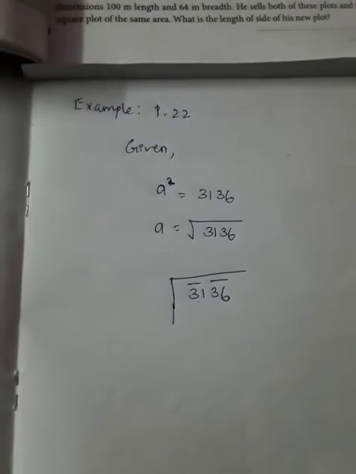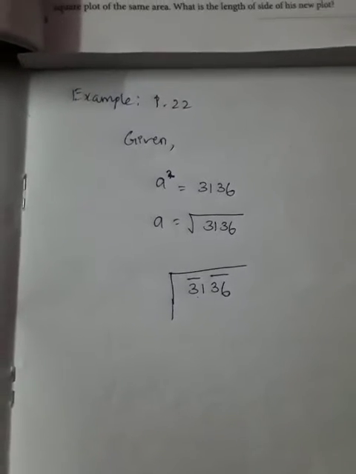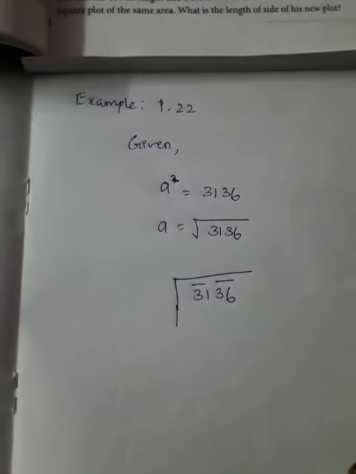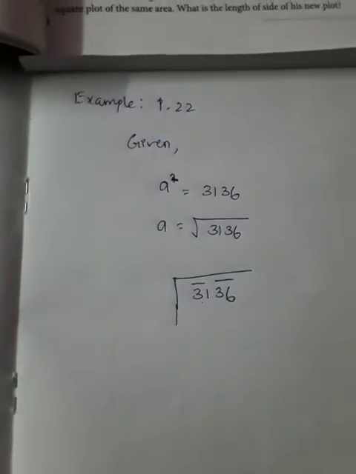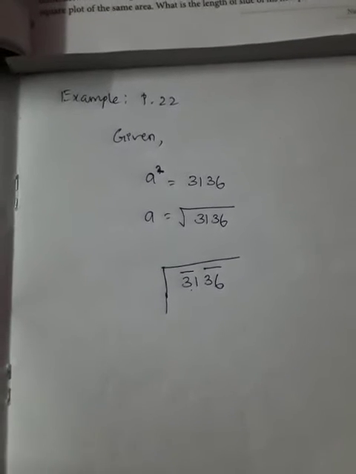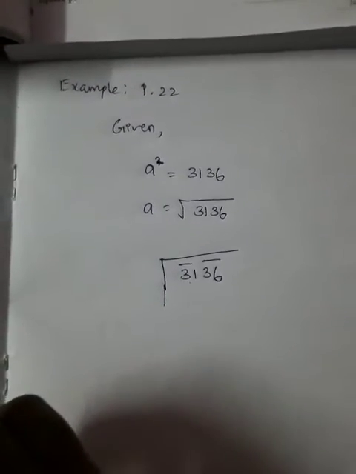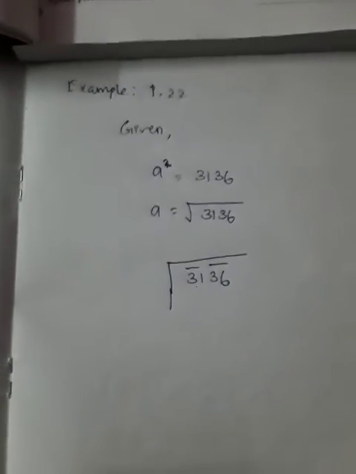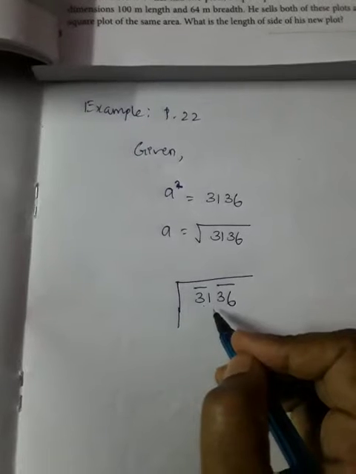We cannot do that for 31, because you can't get it in any table. But 30 you will get, that is 6 into 5, 6 5s are 30. That is not a square number, because 6 and 5 are different numbers. So you want to take only the same numbers. So 31 will not come.